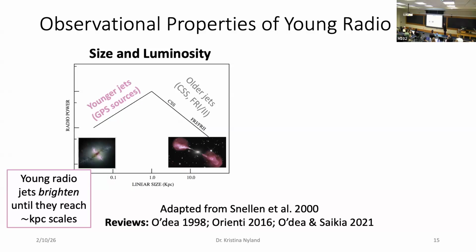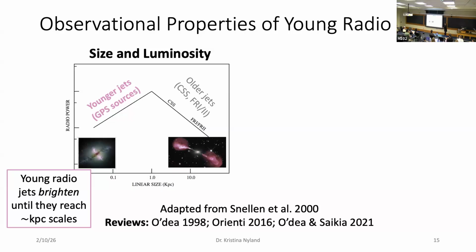The source starts out on the left here as small and compact. Sources tend to brighten until they reach a kiloparsec or so. Then the dominant energy loss changes a little bit. It gets out of its predominant adiabatic mode.